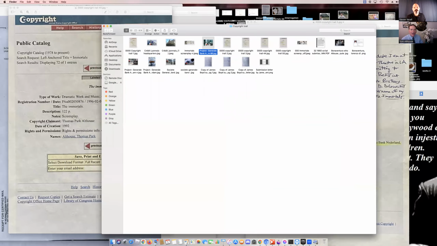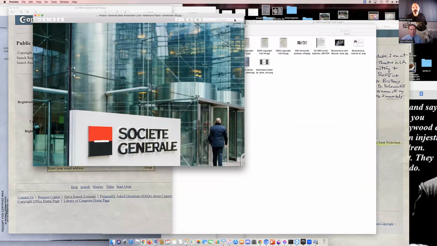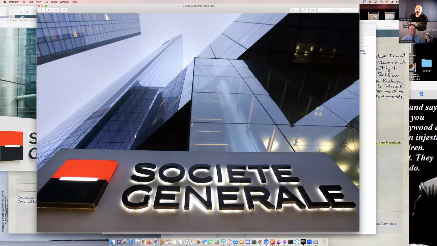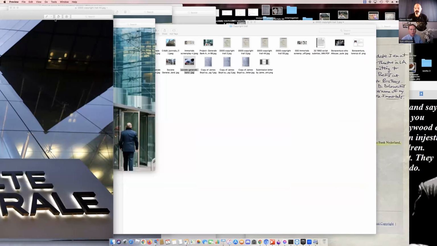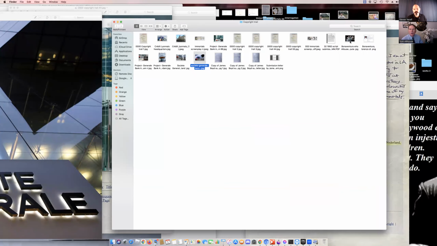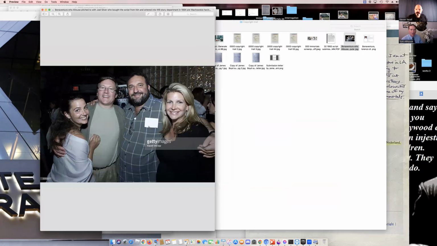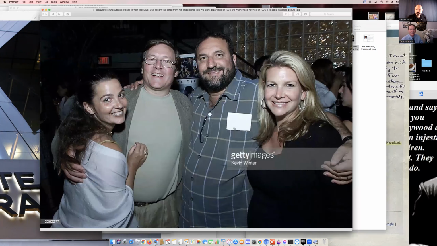Here's the Netherlands Bank, Societe Generale, biggest investment firms in the world, claiming they came up with the work. Now, Warner Brothers said Joel Silver and Bonaventura never connected. Here's them in 1993, after they got my work, celebrating.